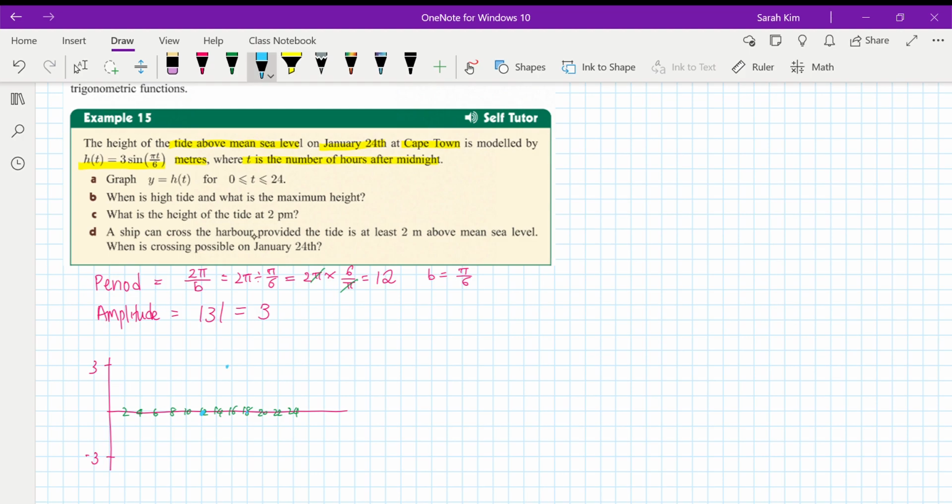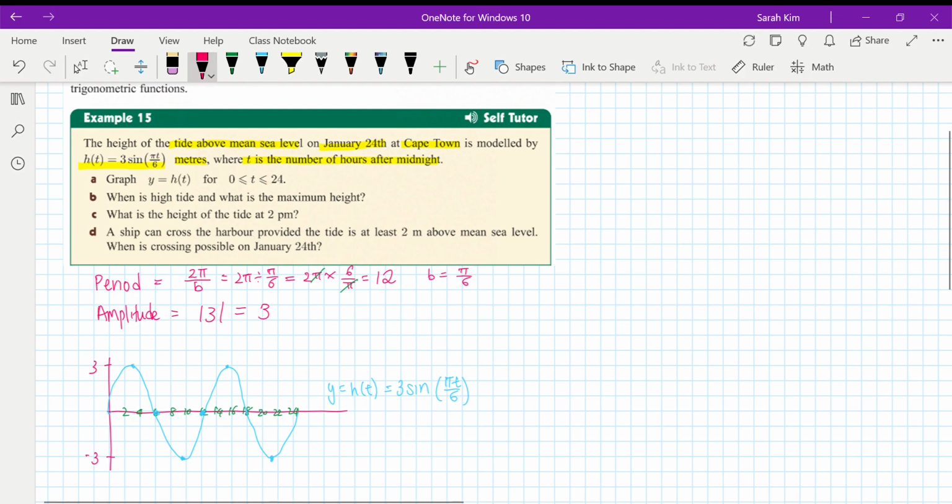Let me maybe draw the halfway dots as well to help myself. Halfway, halfway, halfway. Okay, this will look something like this. There you go. So y equals h of t, which is 3 sine of pi t over 6. Alright, so A is done.